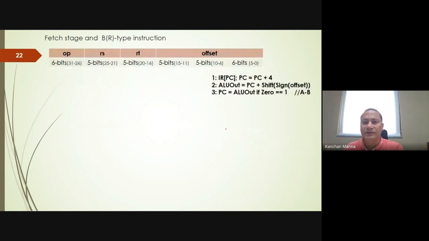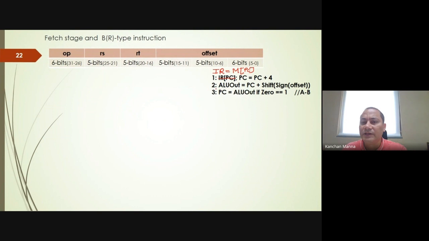First, we'll read the instruction into the IR, and memory and PC. At the same time, we increment the PC by 4. So first we'll load the instruction to the IR, and at the same time we'll add PC plus 4.